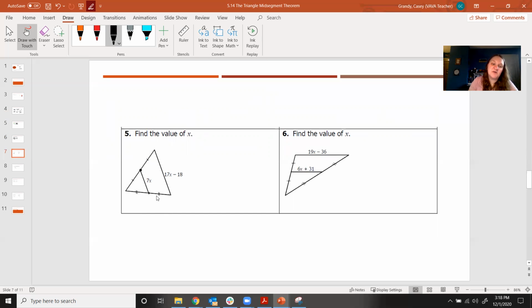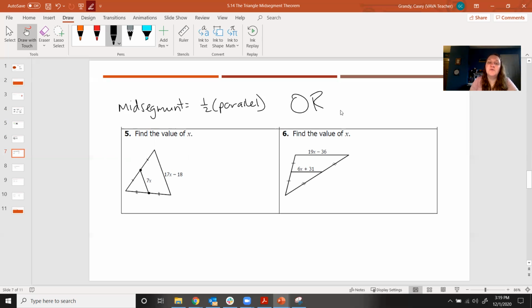And these two pieces are congruent, so this point has to be in the middle. So 7x is a midsegment. The midsegment is half of the side that it's parallel to.